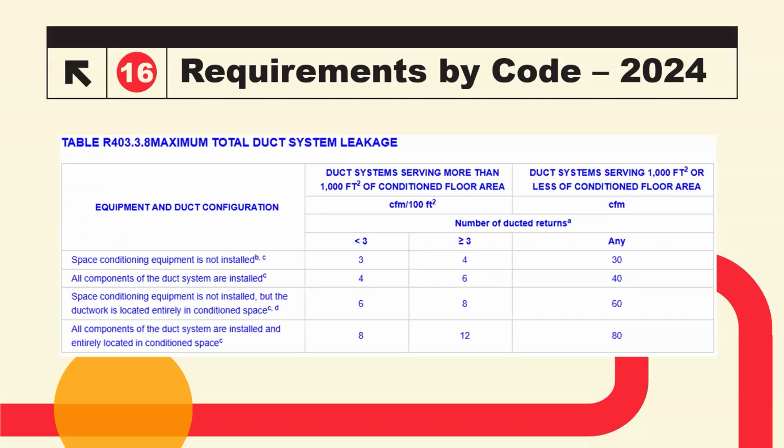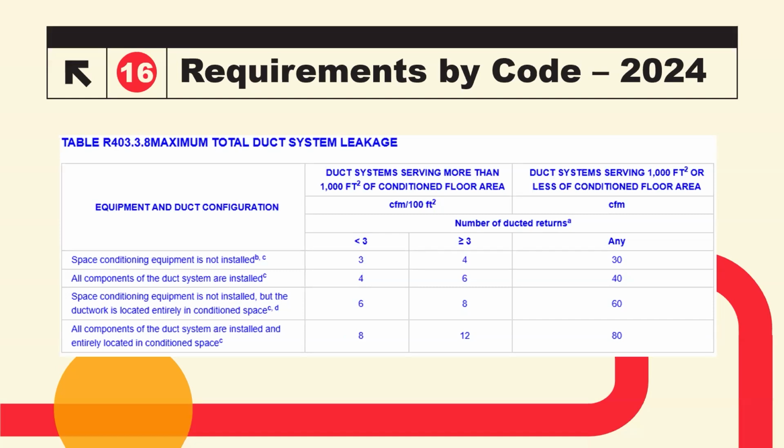But what's new in the 2024 code is that it's gone beyond just verbiage. Here's a table for you, and it now varies on how big the house is. If it's a home that's less than 1,000 square feet, then you have one way that you're going to do it. If it's 1,000 square feet or more, now it's a different way to do it. If you have 3 or fewer returns on that system, then you've got a different target.